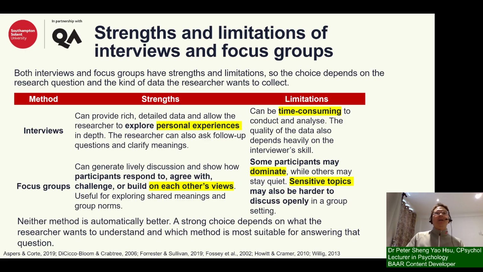Instead, researchers need a sample that is appropriate, relevant, and capable of producing rich and meaningful data. Finally, different qualitative methods produce different kinds of data. Interviews are useful for exploring individual experience in depth. Focus groups are useful for exploring group discussion, shared meanings, and interaction.